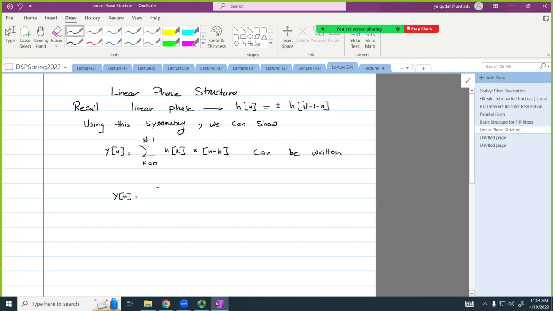Y of n equals the summation from k equals 0 to n minus 3 divided by 2 of h of k multiplied by x of n minus k plus x of n minus 1 plus k, plus h of n minus 1 over 2 times x of n minus 1 over 2.